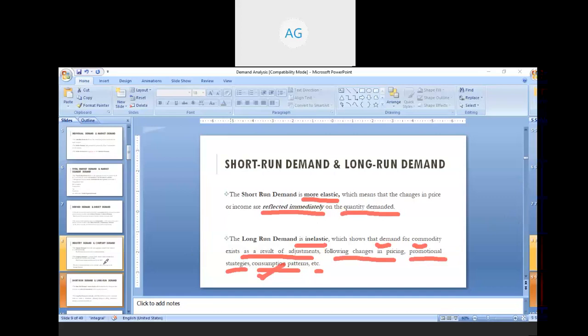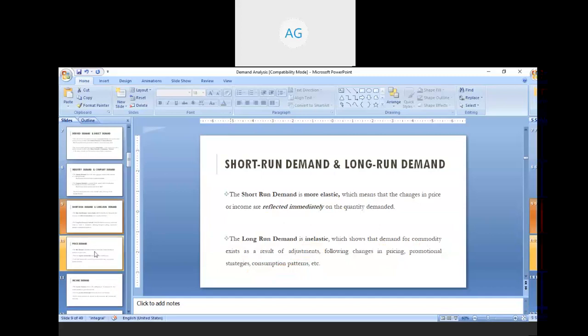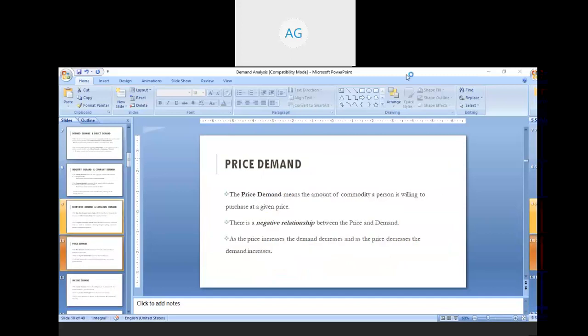So moving to the next slide. The next category of demand is price demand. Price demand means the amount of a commodity a person is willing to purchase at a given price. If you want any item from the market, there are many varieties and many companies that make that item.